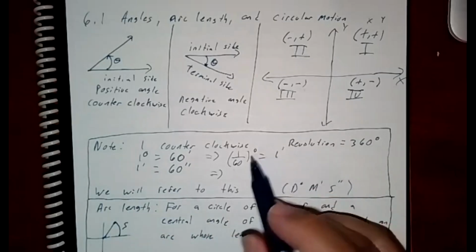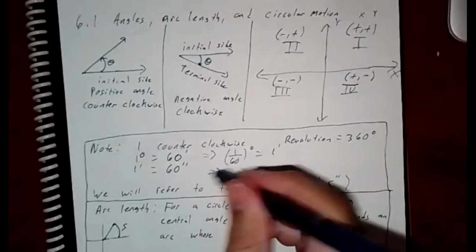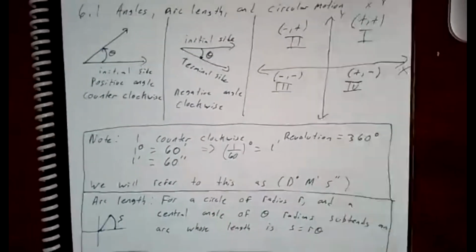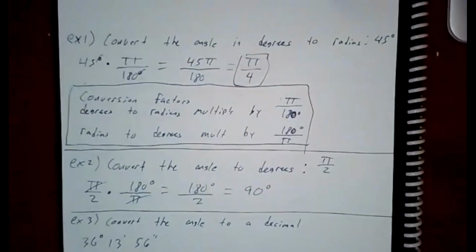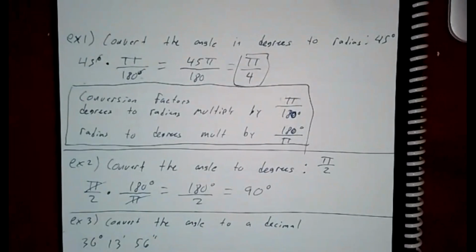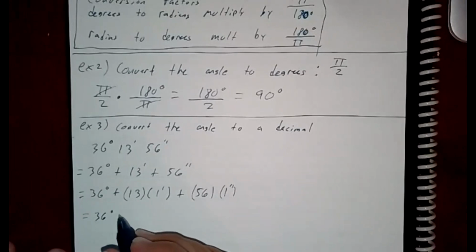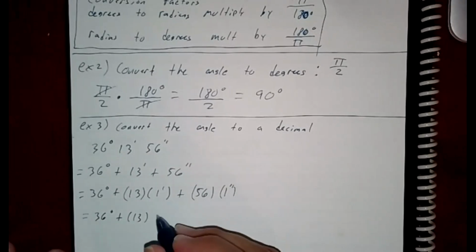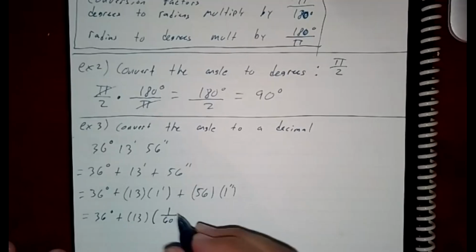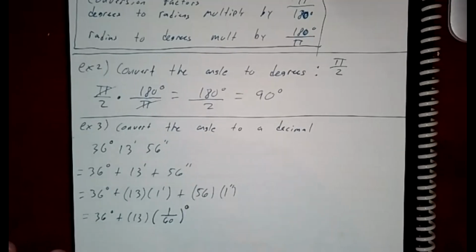Yeah. So let's use this idea. That'd be better. So it makes more sense when you look back. So right here, 36 degrees plus 13, that's the same thing as saying 1/60 degrees. We said 60 degrees, right? You agree with that so far?